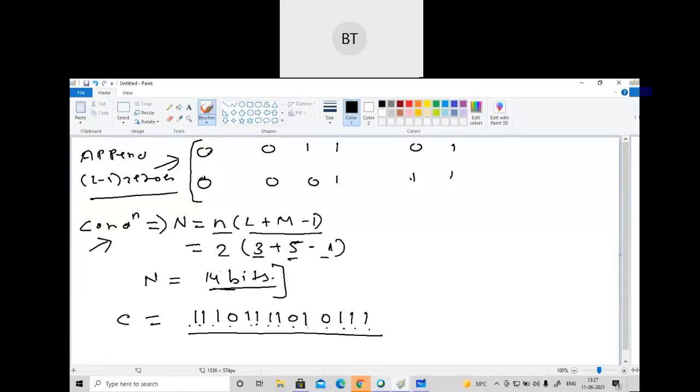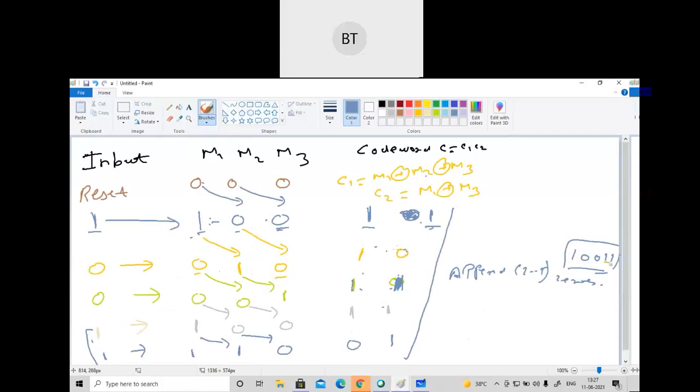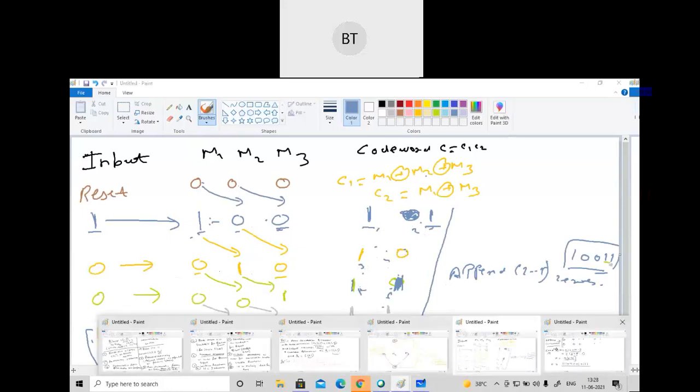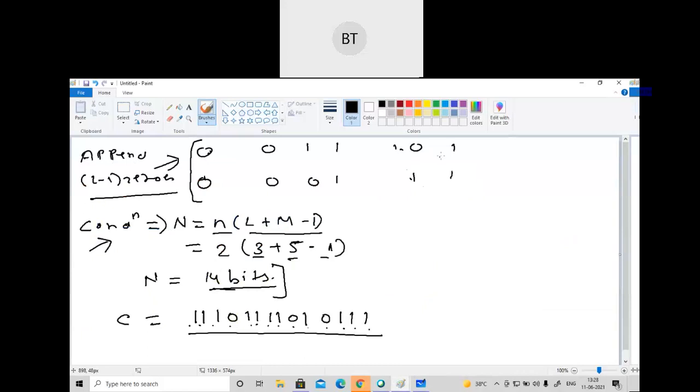If you count from here, that will be 1, 2, 3, 4, 5, 6, 7, 8, 9, 10, now 11, 12, 13, 14. Always keep this condition in mind, so things will be more clear and there will be no doubt. Based on this condition, we have got 14 bits, so I have written all the code words which we have found.